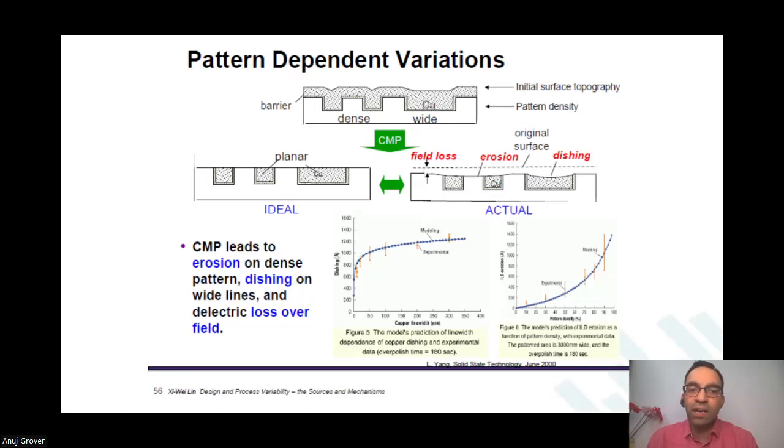There are two new terms which have been introduced, field loss and erosion. Okay, sir. So when there are so many wires, the overall softness of that region is lesser than places where there are no wires. Okay. So more erosion will happen.